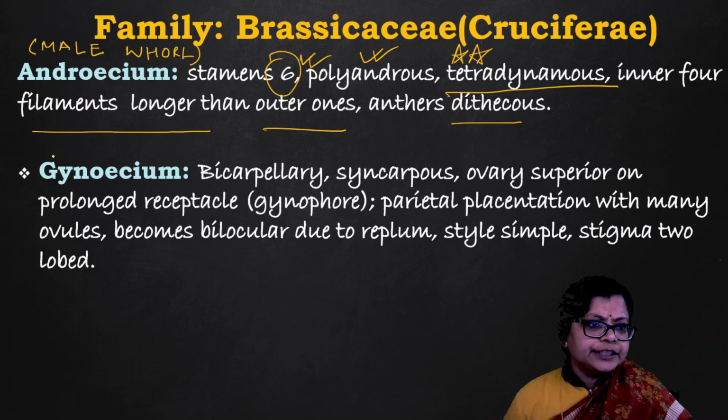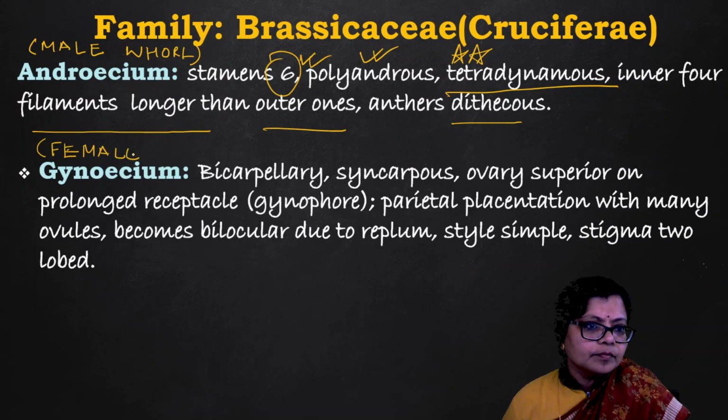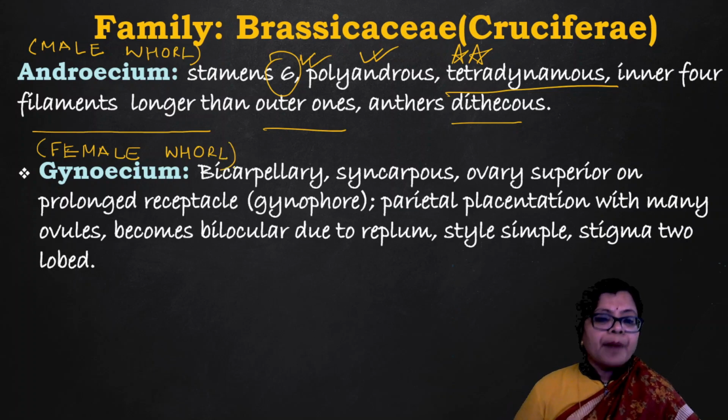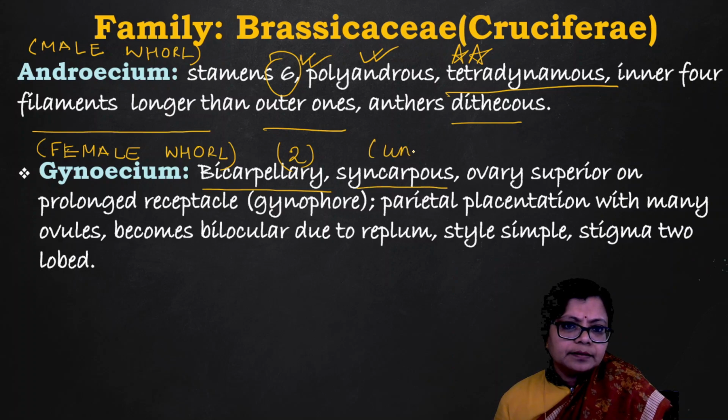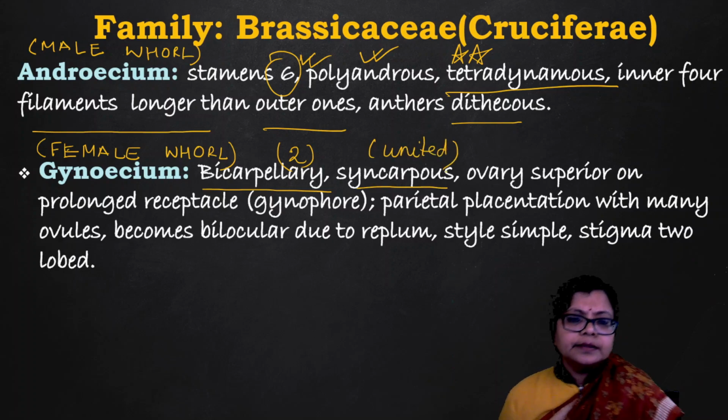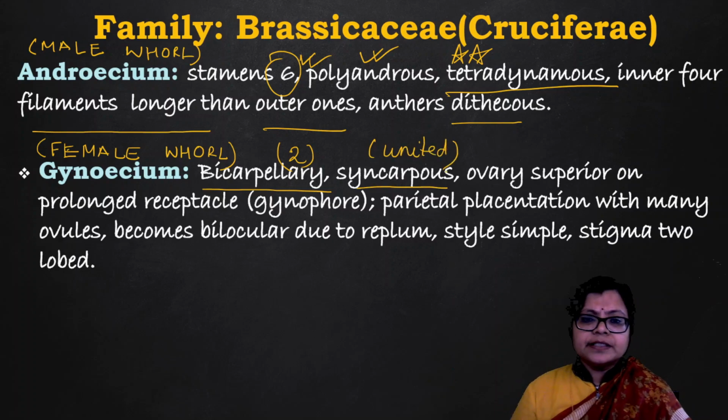Now the gynoecium. Gynoecium means female whorl. Bicarpellary in nature, that means the number of carpels is 2. Syncarpous means the carpels are united.